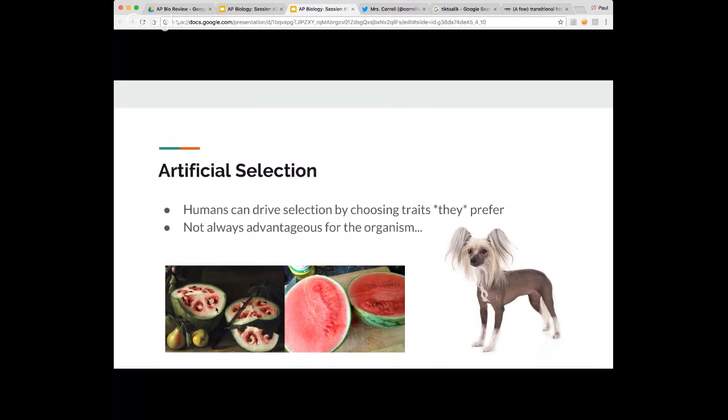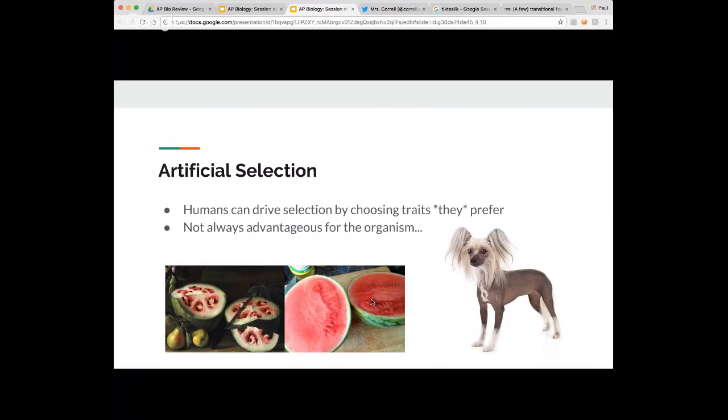Look, there's like no meat on this thing. It's all kind of rind and like seeds. Ew. But over time, by breeding watermelons that had more pink flesh, we ended up with watermelons that are basically all pink flesh. And even to the point that we don't even let them have seeds anymore. Nobody really wants to spit the seeds out, so let's have seedless watermelons.